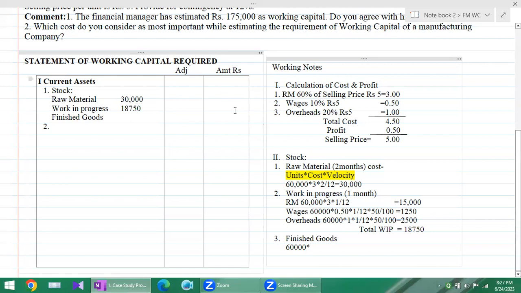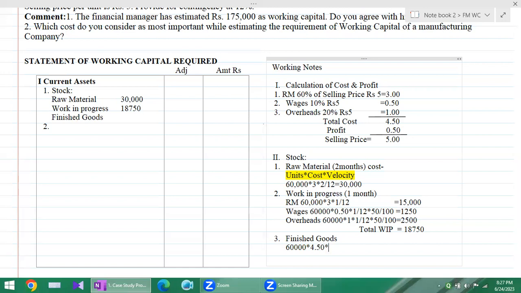Finished good is nothing but the raw material cost, wages, and overheads total. This cost, that is 4 rupees 50 paisa, we have to take. Finished good cost is nothing but the total cost. This is cost of finished goods, rupees 4.50.